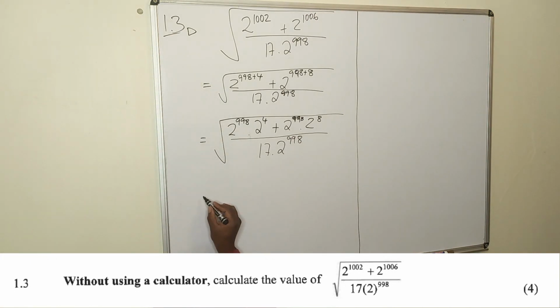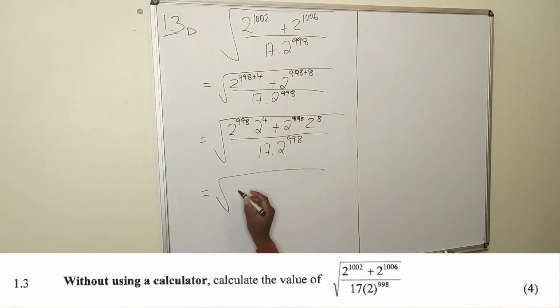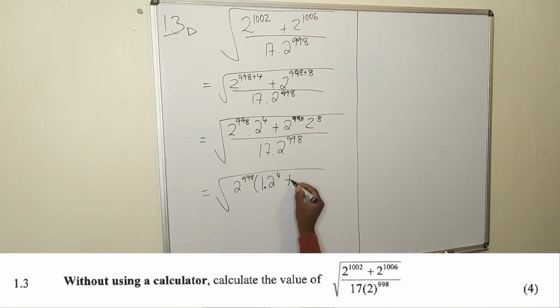So what do we say? We have 2 raised 998. Inside we're left with what? 1 times 2 raised 4 plus 1 times 2 raised 8, all divided by 17 times 2 raised 998.